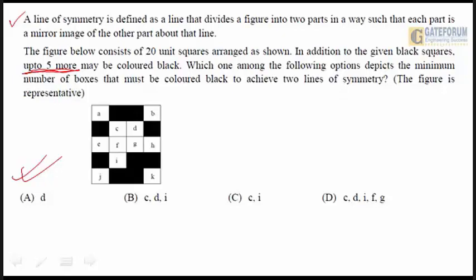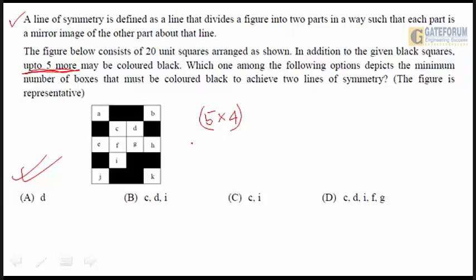There must be two lines of symmetry, though it has not been said which are the two lines. One must also understand that this is a 5 into 4 grid, so there is no diagonal being perfectly symmetrical possible. Give it a try. Okay.